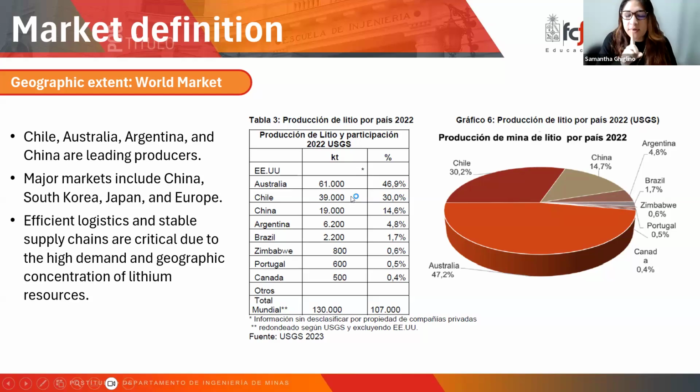And before I forget to mention, we have done this analysis from the point of view of SQM, which is one of the main producers of lithium in the world and the main one in Chile. Here we can also see the production per country, but divided in a pie graphic. As you can see, Australia is almost half of the whole world production.